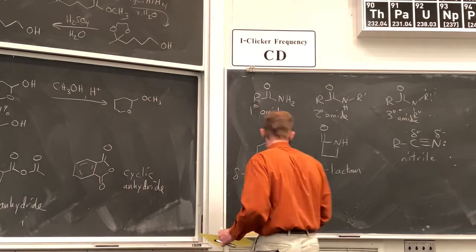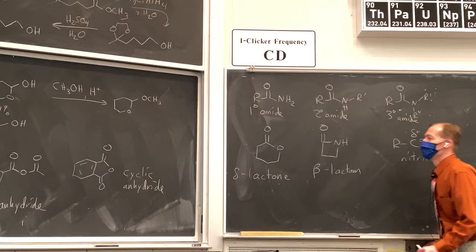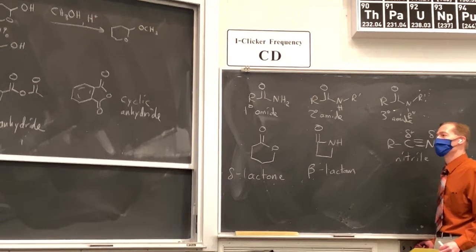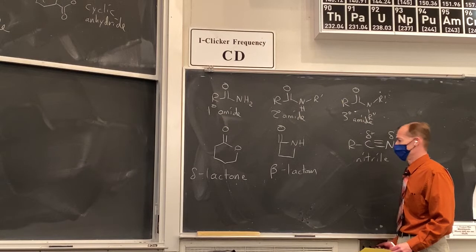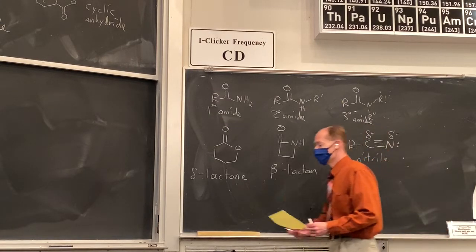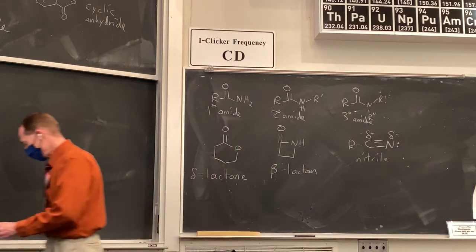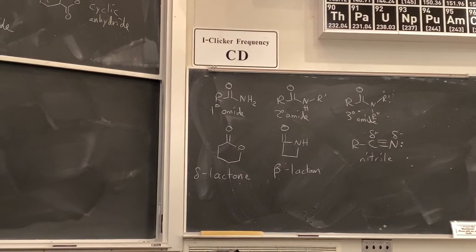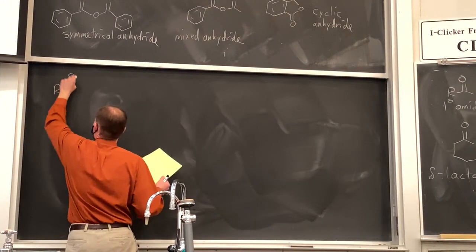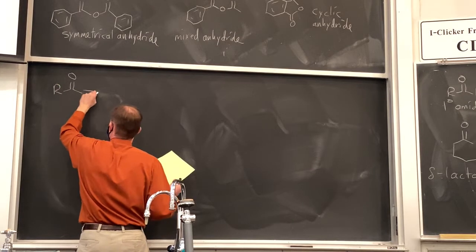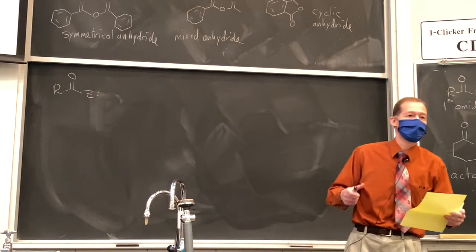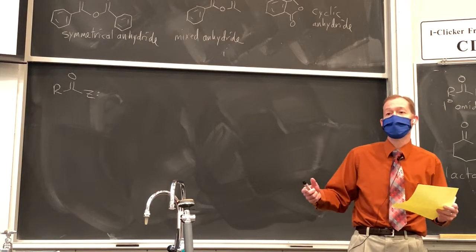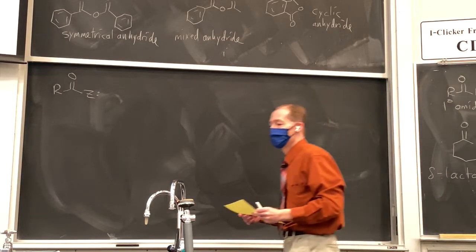so let's talk now about the stability, the relative stabilities of the compounds in this chapter. Okay, so our carboxylic acid derivatives have this generic structure. We use Z as an abbreviation for the heteroatoms that are bonded to the carbonyl carbon.